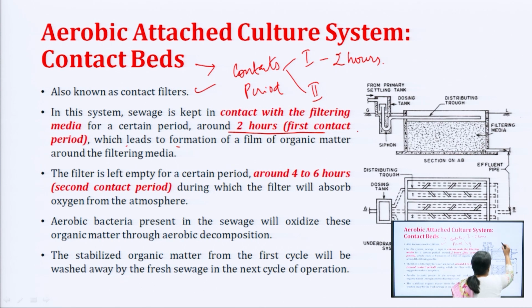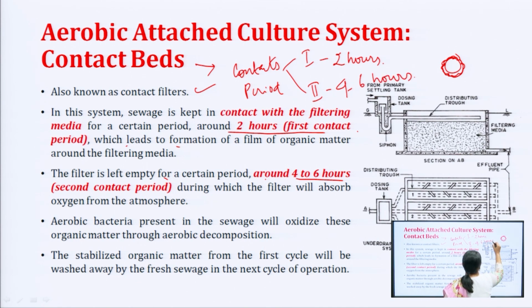Same as in a trickling filter, the filtering media is there, and the film builds on the filtering media, right. Then the filter is left empty for a certain period, around 4 to 6 hours. This is the second contact period.